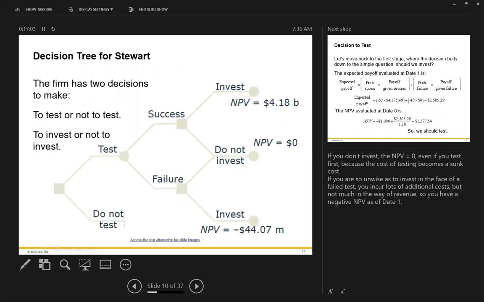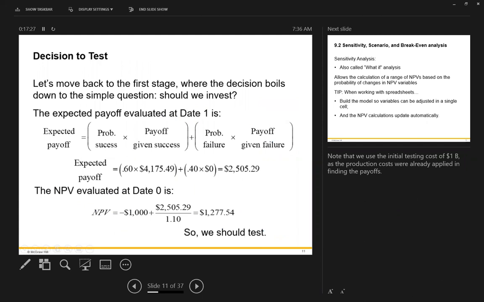Over here, this should be negative, not a negative 44, but a negative 91 point whatever from that last test, million. So we want to make sure we clear that up. These were incorrect on the PowerPoint. Looking at it, I thought that just doesn't seem right. So just to clear that up.